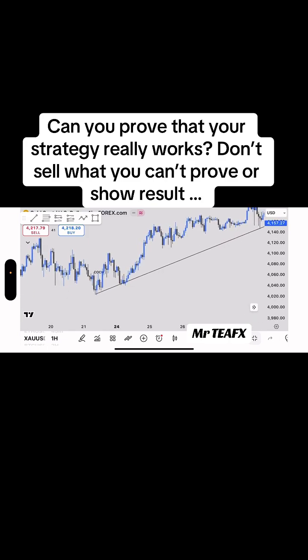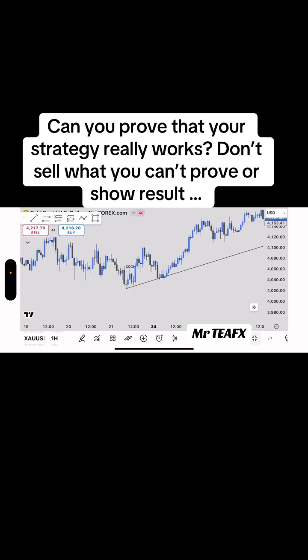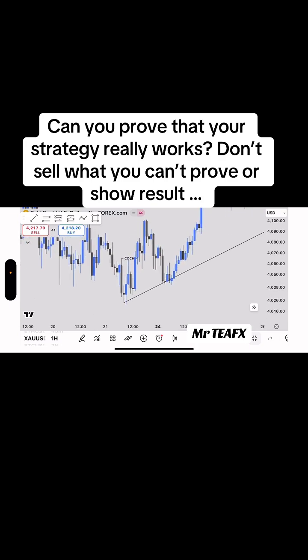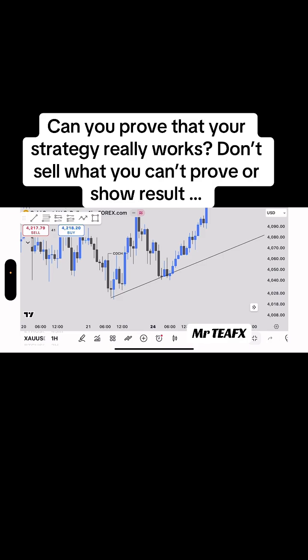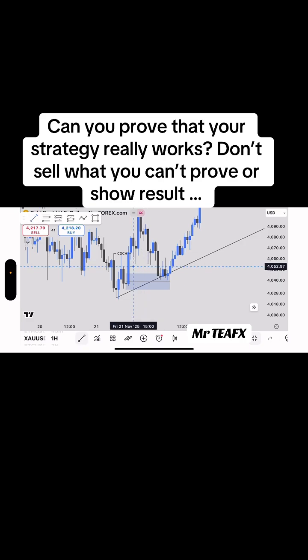Now when you see this change of character, if you go down to maybe 15 minutes, you will see that this place is a potential order block, because the market has created a market structure shift or a change of character and engineered liquidity. Liquidity, as you all know, simply means money. Liquidity is what drives the market.